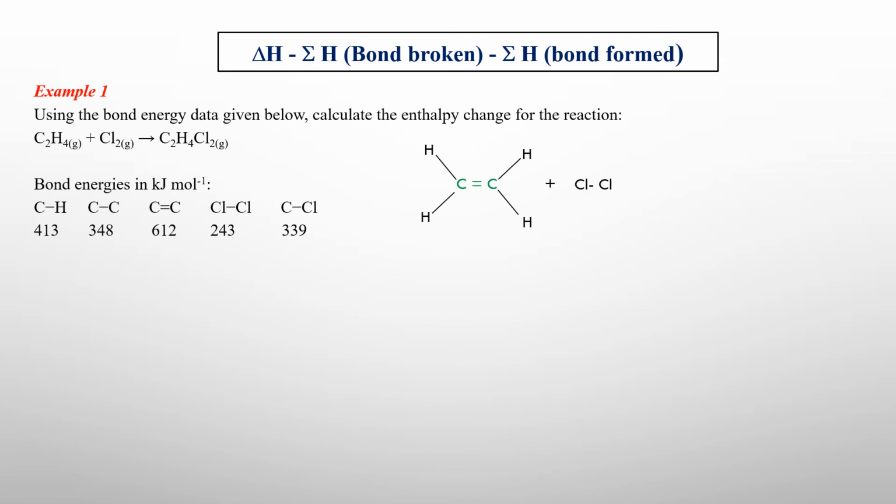So enthalpy change is equal to the sum of heat of bond broken minus the sum of heat of bond formed. Let's recall this: bond broken occurs on the reactant side, while bond formation happens on the product side.